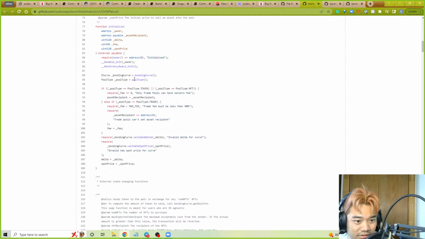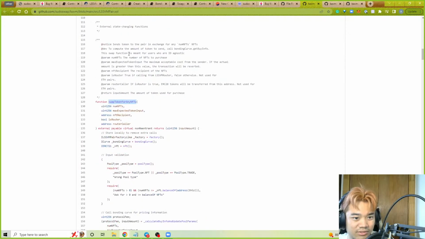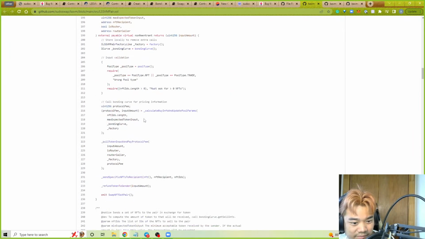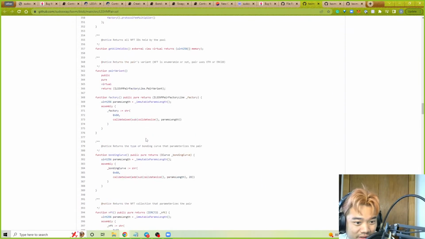Initialize, choose the curve, fee, swap tokens for NFTs. These tokens, okay, that makes sense. Where is my add for liquidity?